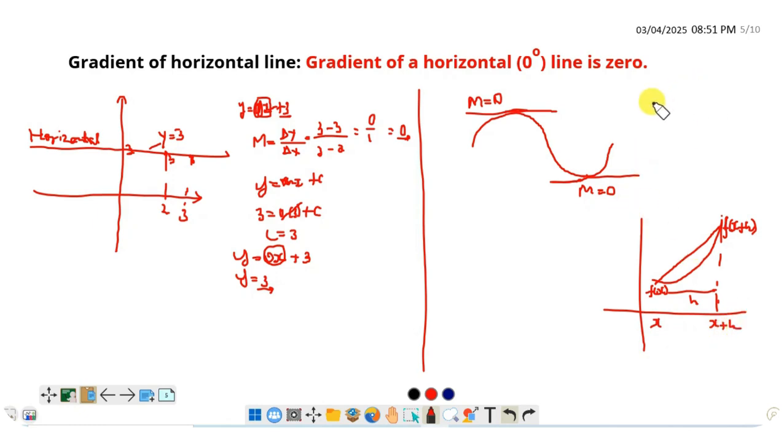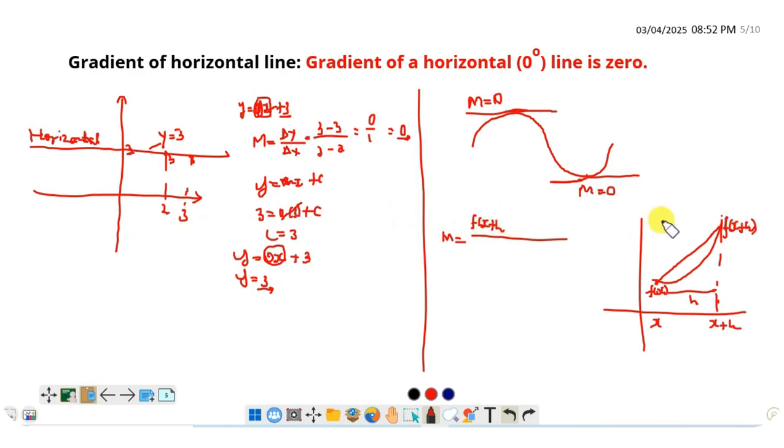So from first principle, if you look for the gradient between this point and that point, the gradient is m equals change in y over change in x, right? So let's start with that. Y at that point is what? f of x plus h, right?